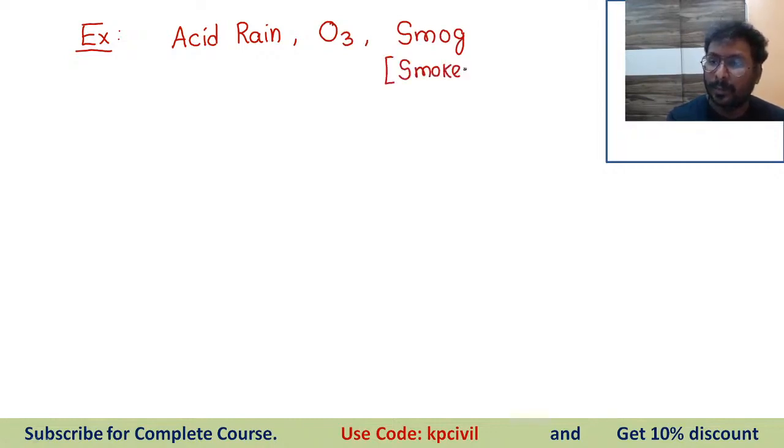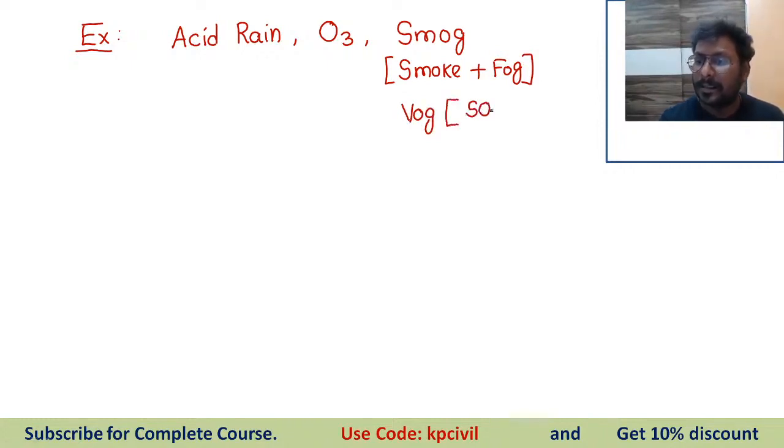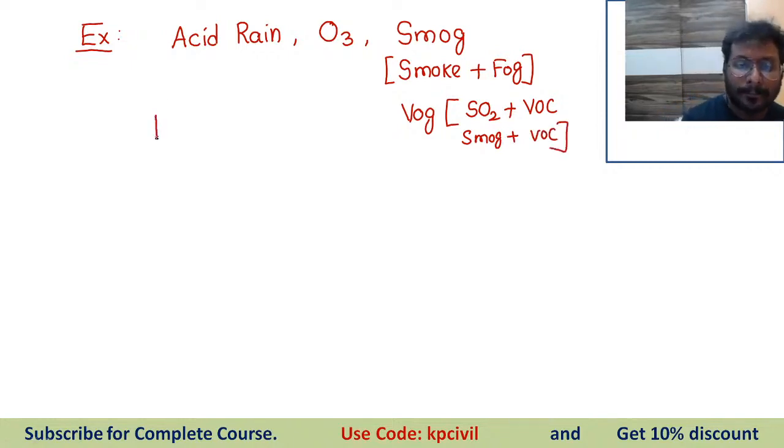Smog is smoke plus fog. Vog is sulfur dioxide with volatile organic compounds, or smog with volatile organic compounds generates vog.